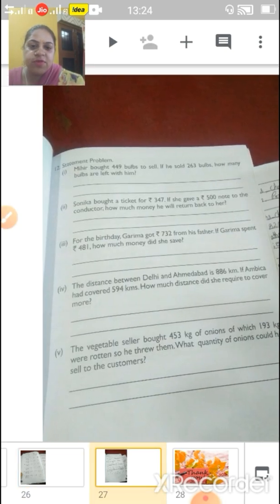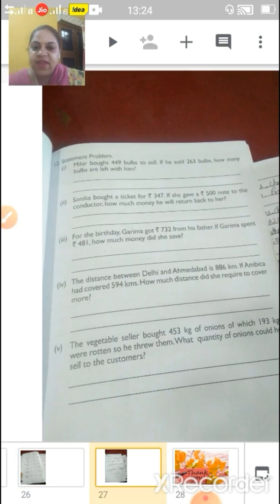Rest is your word problem, that also I will send. In the first they are taking left with him, means in the first Mihir has to subtract. In the next, how much money will he return, next also he will subtract. How much money did she save, how much means subtracting. How much distance, this means also they are subtracting, then only we can get how much distance is left.